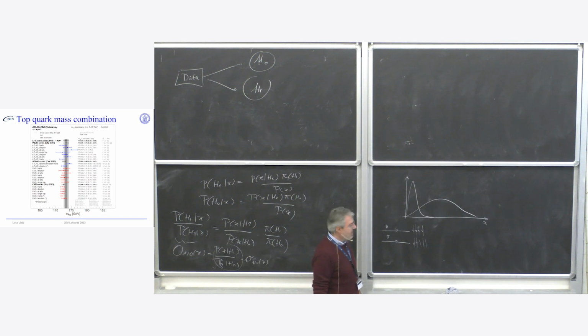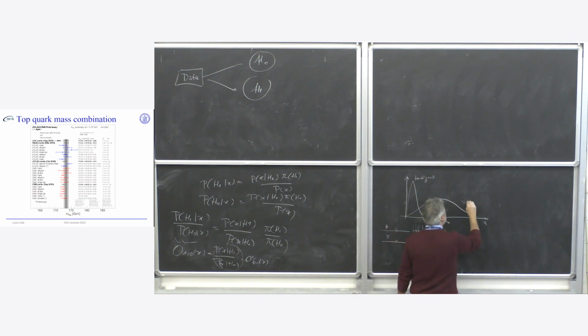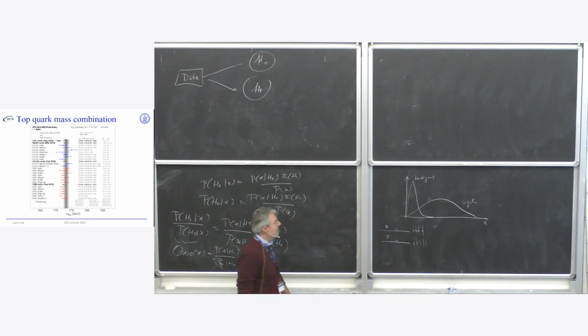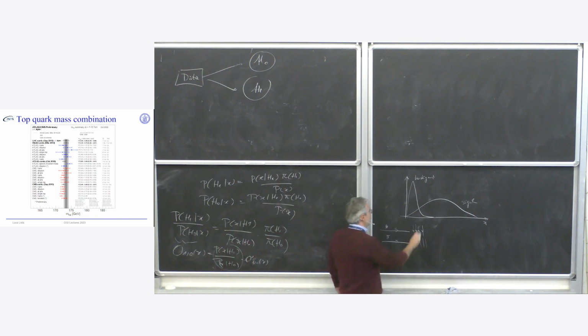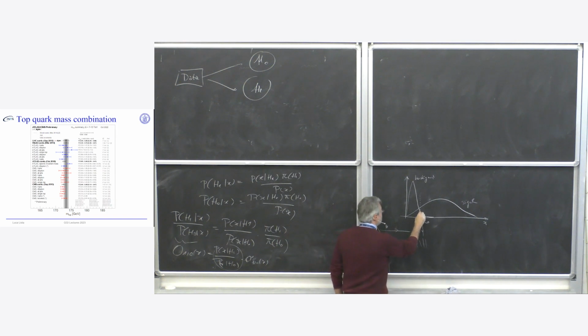So imagine that this is called background, and this is called signal. How do I separate the two? Maybe I can put a cut here. Imagine I choose this by eye for the moment. So what I get is the following.